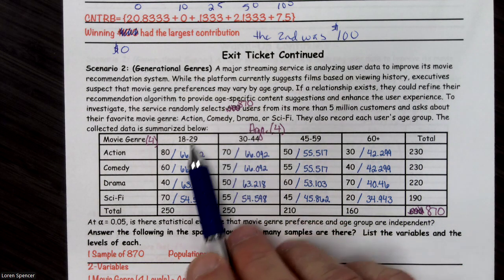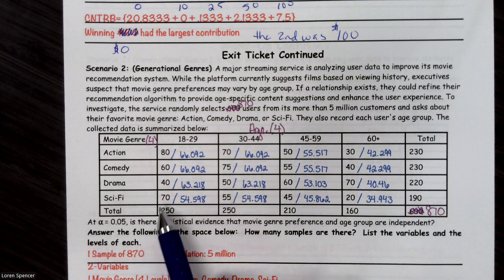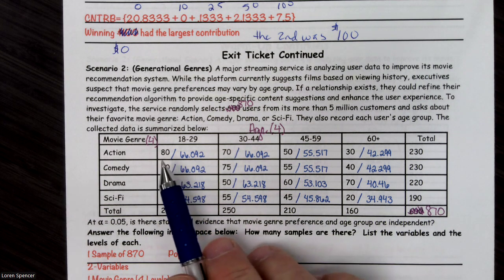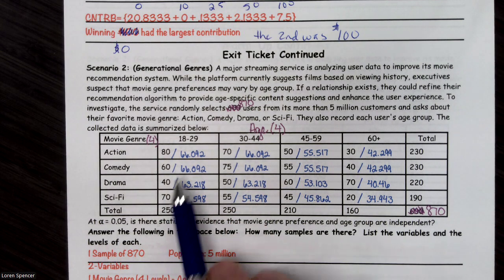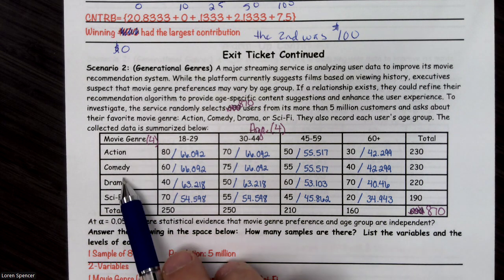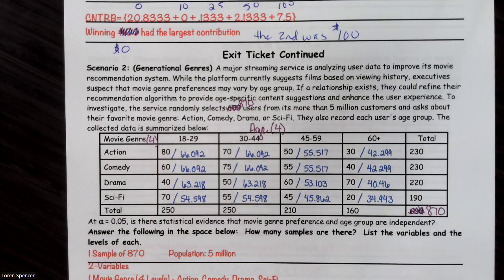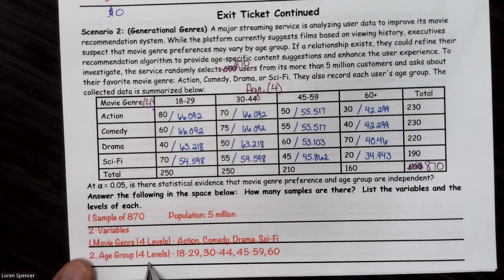So we have a random sample of 870, so one sample, but we have two variables. We have movie genre, which has 4 levels: action, comedy, drama, sci-fi. And we have age category, which also has 4 levels.